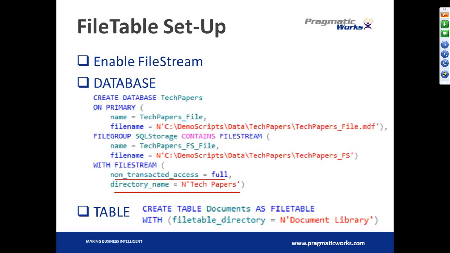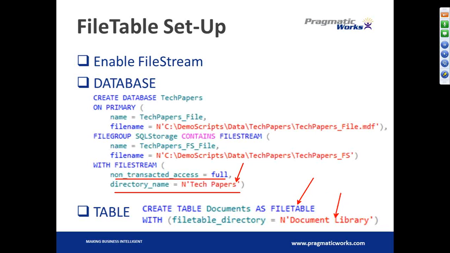Once we create that database, we're going to create a table, and we're going to tell it that we're going to use FileTable. Now, notice the other thing we give here. We've given it a directory name here called Tech Papers, and we're going to give it a FileTable directory name here called Document Library.